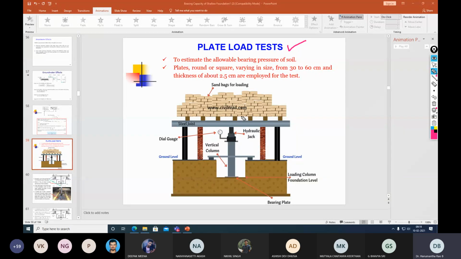Therefore, whatever bearing capacity value we obtain will verify whether it correctly reflects the q ultimate calculated using the analytical equation such as Terzaghi's equation or Meyerhof equation or Vesic equation or Hansen equation.